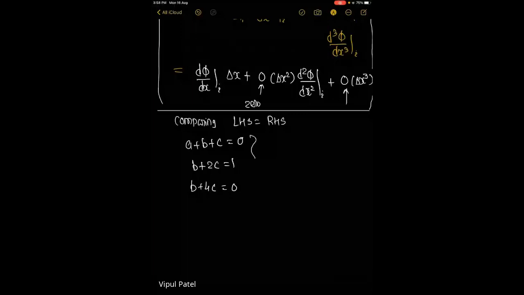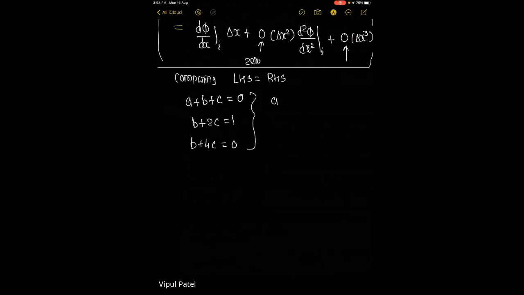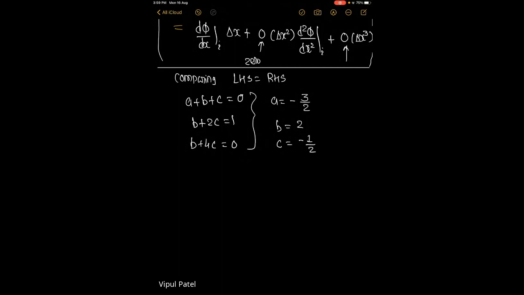Now we have three equations and three unknowns. So we can solve these equations and you will get the coefficients as follows. A is equal to minus 3 by 2, B is equal to 2, C is equal to minus 1 by 2. So now you have the final formulation of this d phi by dx, which is a second order accurate forward difference approximation.